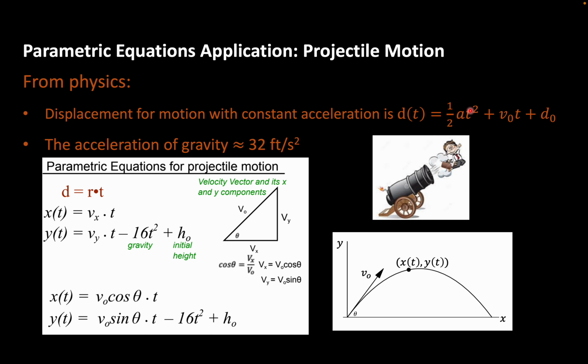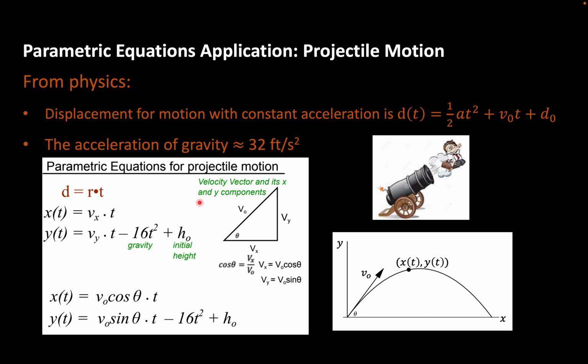t is the time during which we monitored that motion. v is the velocity. v0 is the initial velocity at the beginning of the motion. And d sub 0 is the initial displacement, the height or horizontal distance at which we started.